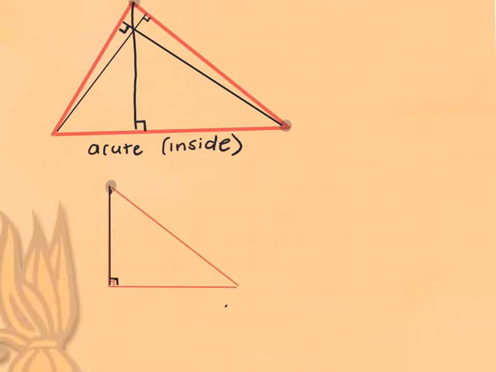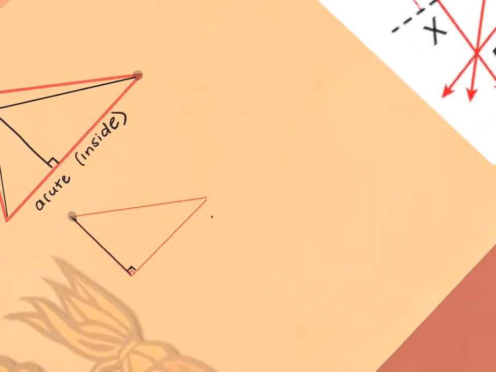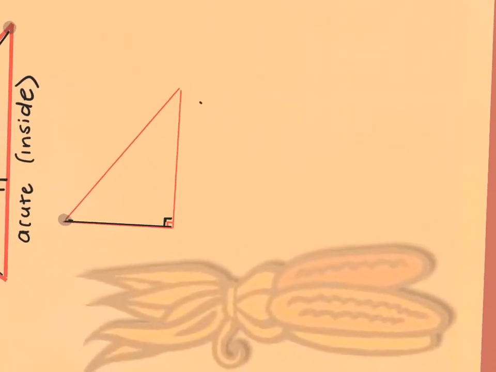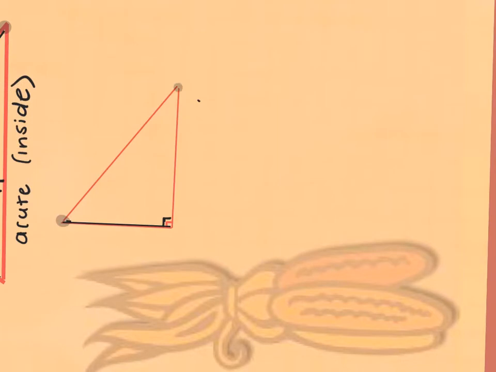Now if I rotate it so that this vertex is now at the top, again, I draw my line that goes straight down. And again, it's the side of the right triangle.